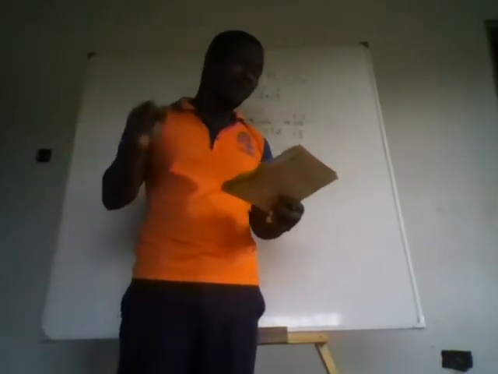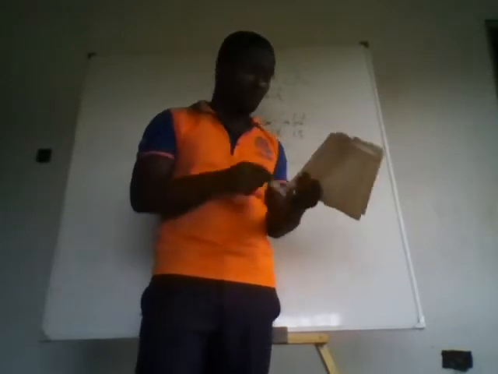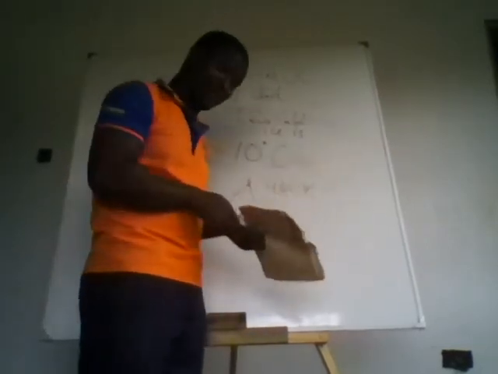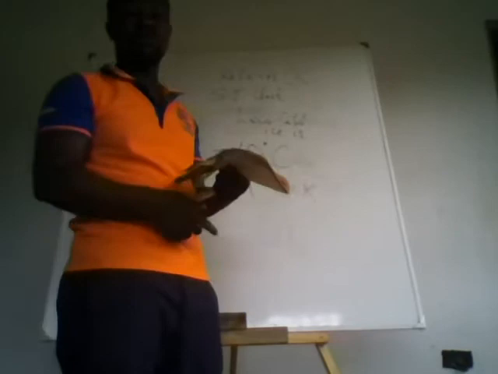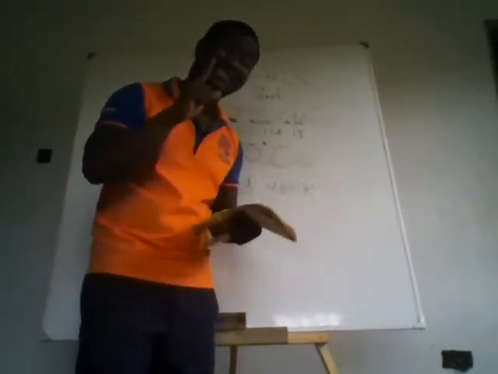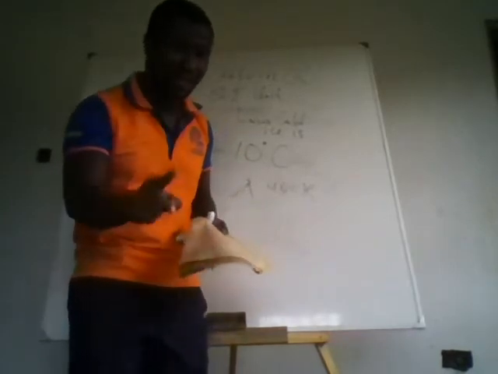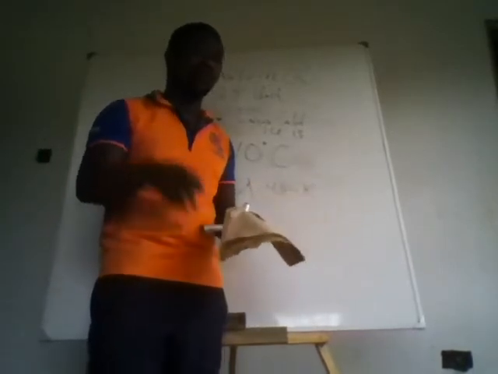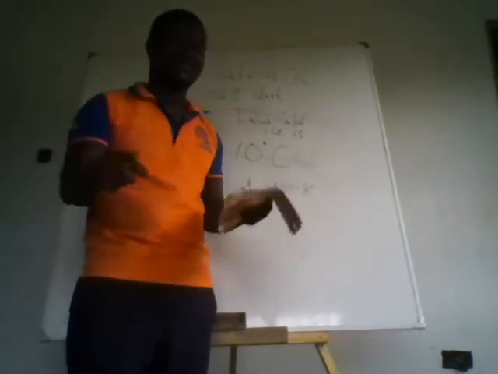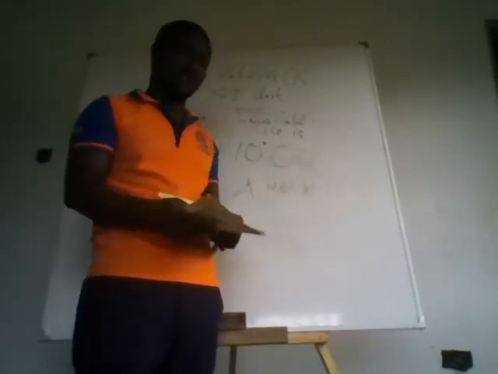Now, when both have the same temperature, what do we term it? We term the two to be in thermal contact. Repeat, thermal contact. So when we have thermal contact, when the two bodies have the same temperature.